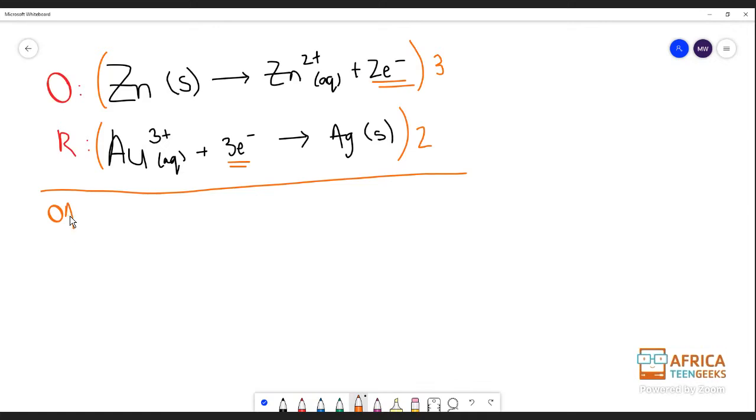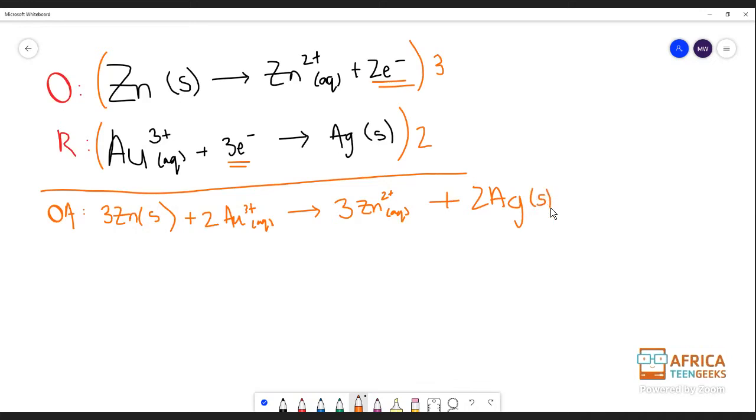So overall, the reaction would be 3 solid zinc plus 2 aqueous gold ions will give you 3 zinc ions plus 2 gold in its solid state.